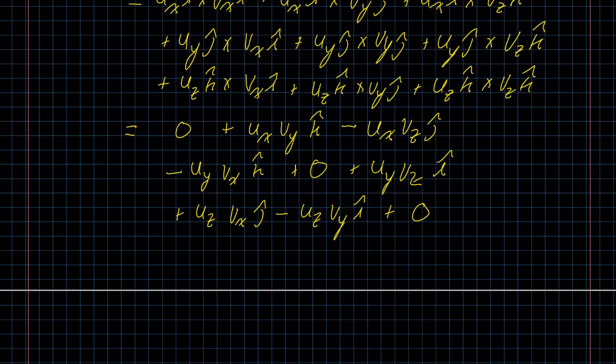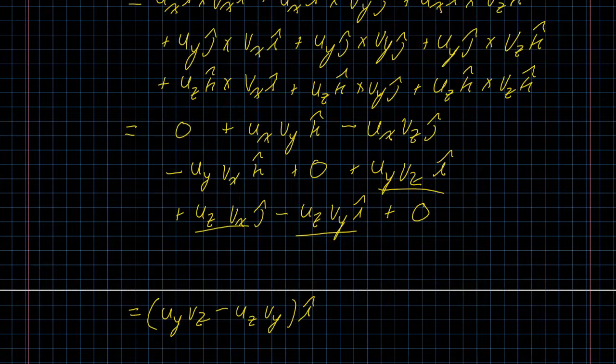Now, organize this. Get the components together. So in the x direction, we have uyvz and minus uzvy. That's all times i hat.